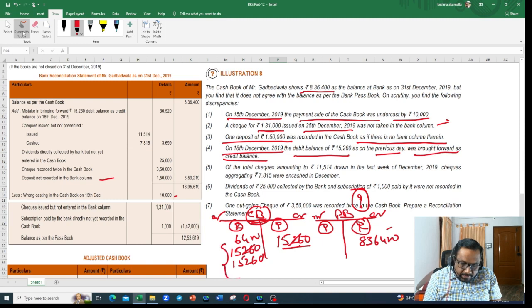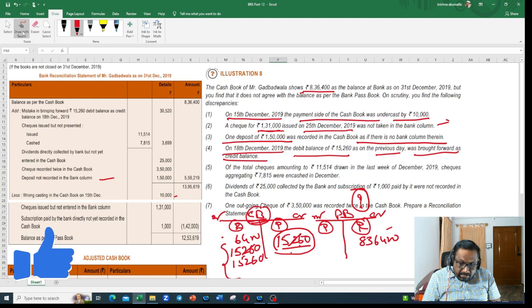So what is the impact here? Because instead of writing on the debit side, if I write it on the credit side, the impact is double. This is how, the way I explained now. It has a double impact. How much is that double impact? If you add these two, it comes to 30,520. So 30,520 impact has been given here.